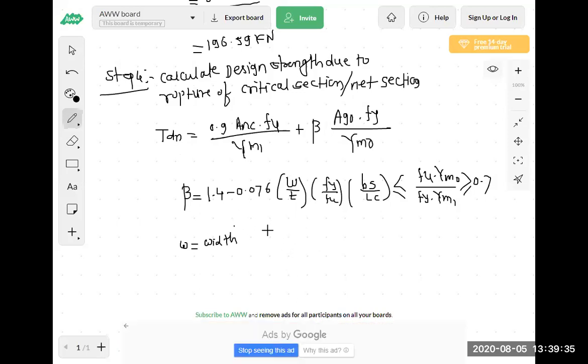Each and every design strength we saw in detail, and at that time I explained everything. Are you getting? So W is nothing but the width of the outstanding leg. They have given the width of outstanding leg as 60 mm.